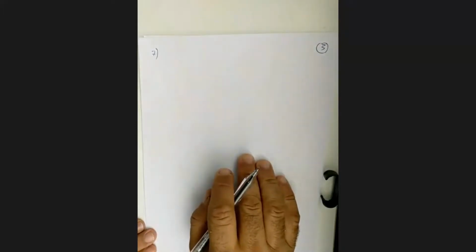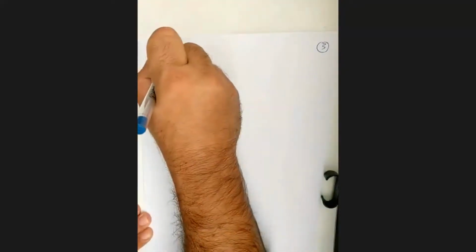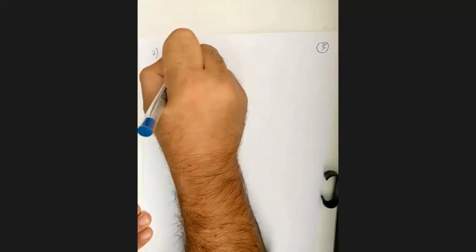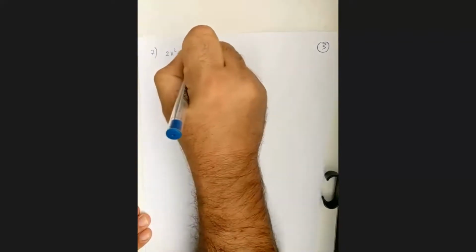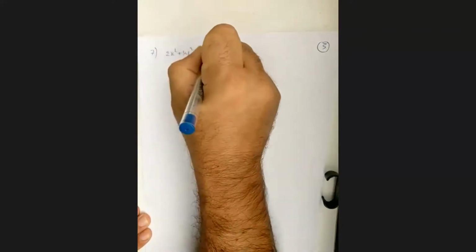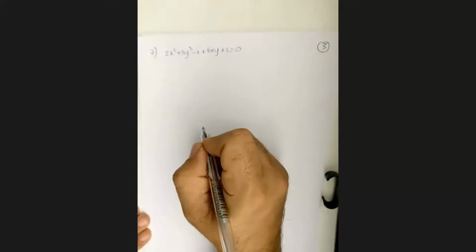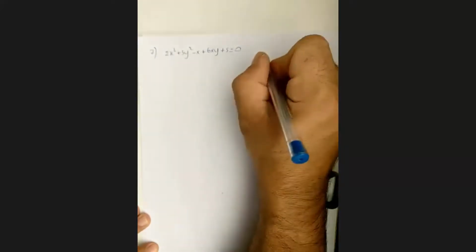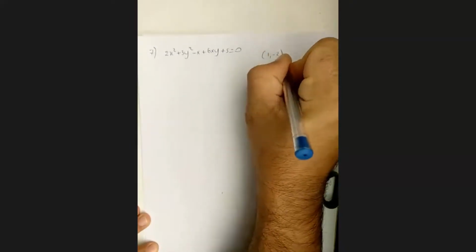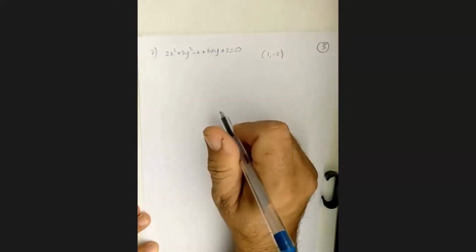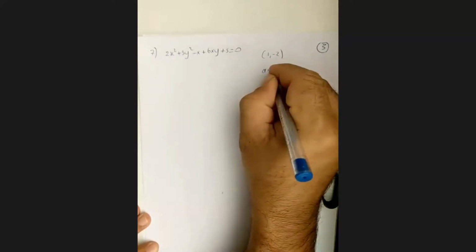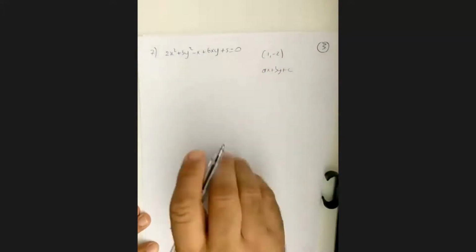A curve is described by the equation 2x squared plus 3y squared minus 6x plus 6xy plus 5 is equal to 0. The question says, find an equation of the tangent to C at point 1, minus 2, giving your answer in the form of ax plus by plus c.